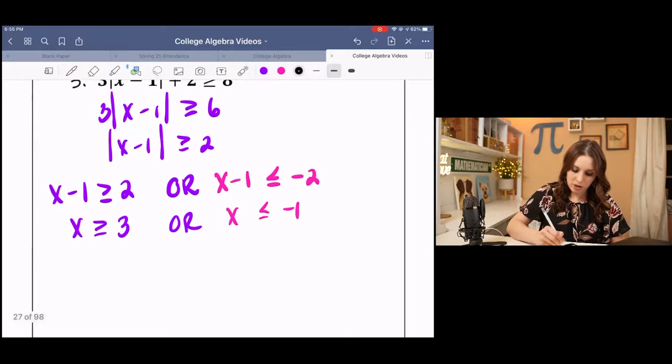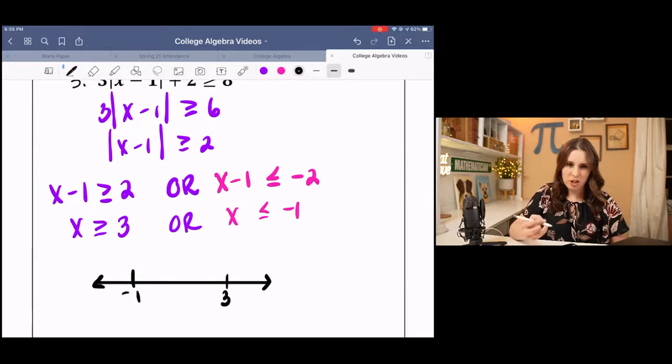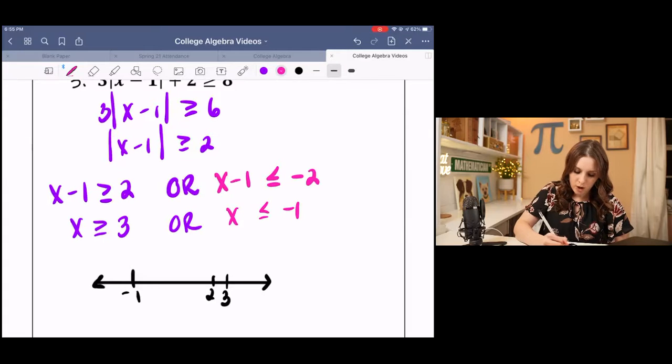So I'm going to do a straight line, arrows. We'll put -1 on here and 3 on here. You can put more values, it'd probably be a little bit better, but I'm just sketching, so it's okay. We have a bracket on -1 pointing to less than, and a bracket on 3 pointing to greater than.